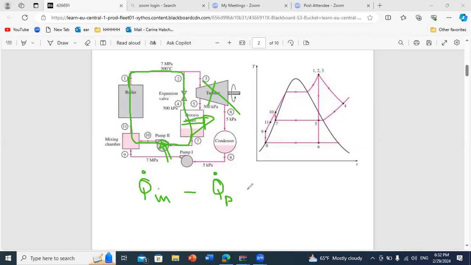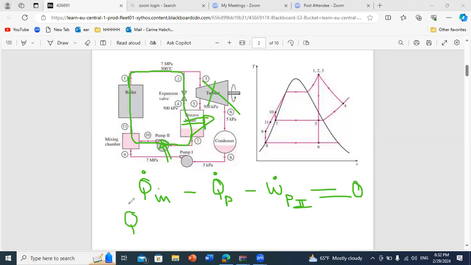That's why I put minus W dot pump equals 0.